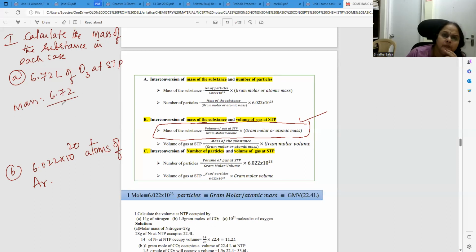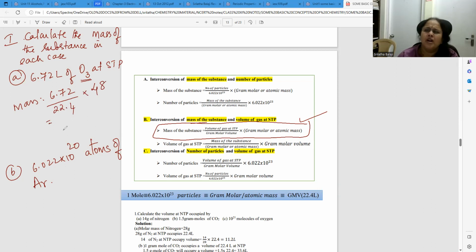So what is the mass? 6.72 divided by what is the gram molar volume? 22.4 liters. Multiplied by what is the molar mass of ozone? 48. Right, good. It's 48. Come on. 1.4 into 10 to the power of 1. But 10 power 1 and all is okay, no problem, you can merge. The numbers are big, no?